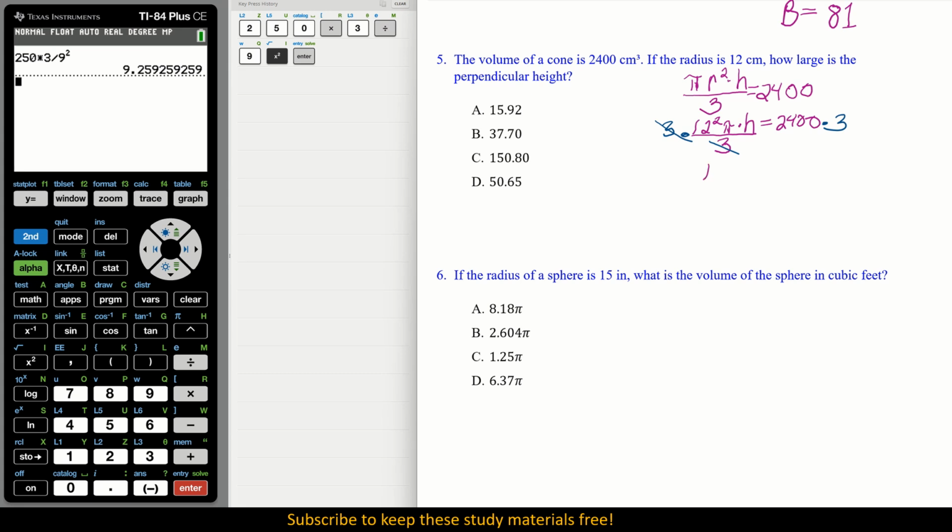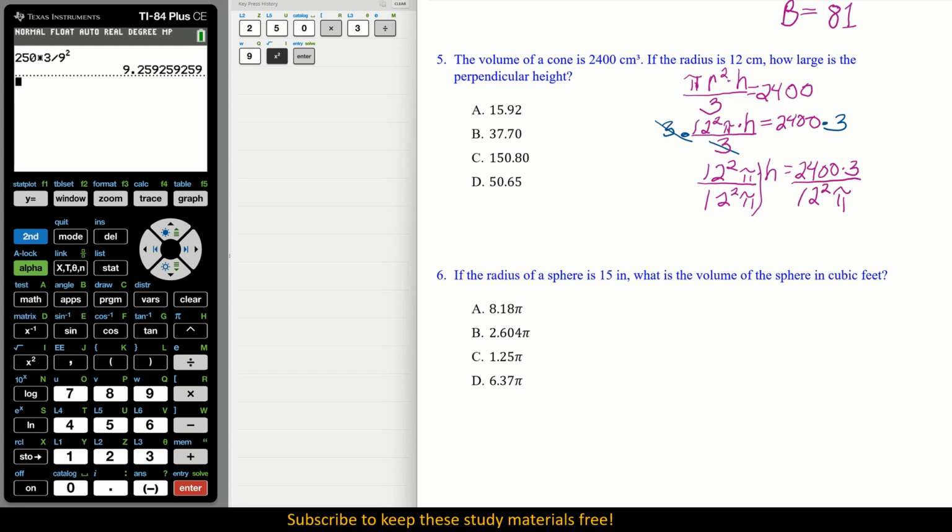Let's rewrite: 12 to the second power times pi times the height equals 2,400 times 3. Divide both sides by 12 squared pi.